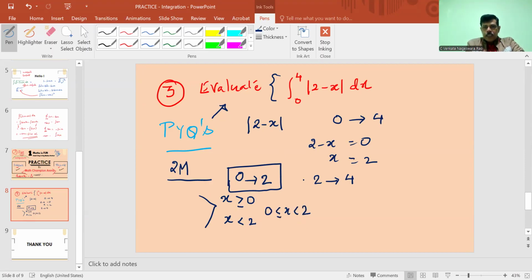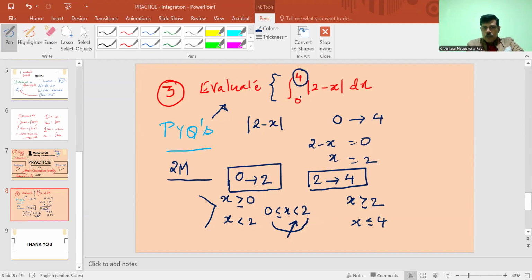Let me take the other interval, 2 to 4. Here the equal to sign is not there with respect to 2, so we focus on x greater than or equal to 2 and x also equal to 4, because our limits are up to 4.